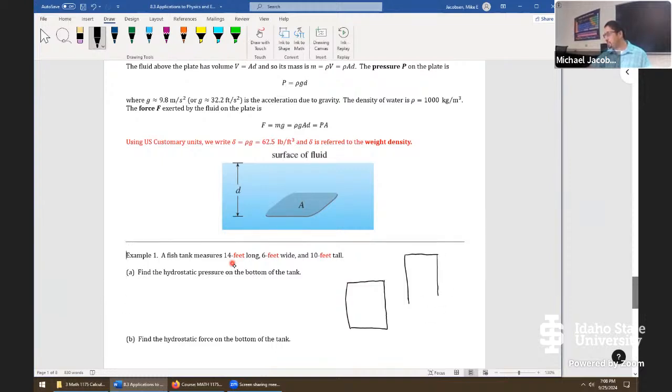I'm not a great artist, so this is something I practice before class just to make sure it comes out right. So going that way, that's the 14 feet. Connects going this way, and I'll do a dashed line segment here since we wouldn't be able to see that. We're imagining the whole thing is filled to the top with water.